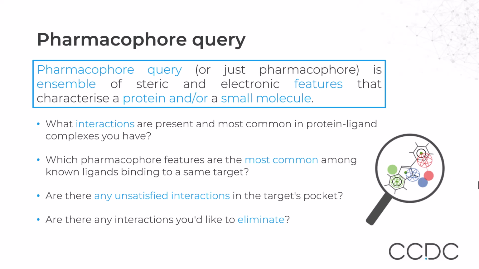So we remember that our compound has multiple chemical groups, and these chemical groups may be very important for the interaction of your molecule with its target protein, and you can actually select these very important chemical groups or features on your molecule, and the set of these very critical features is called a pharmacophore query if you work with CROSS-MINER, or just a pharmacophore if we are speaking about this in general.